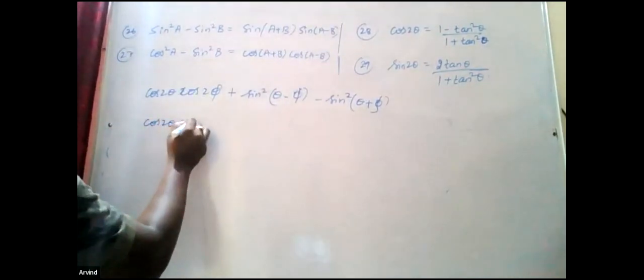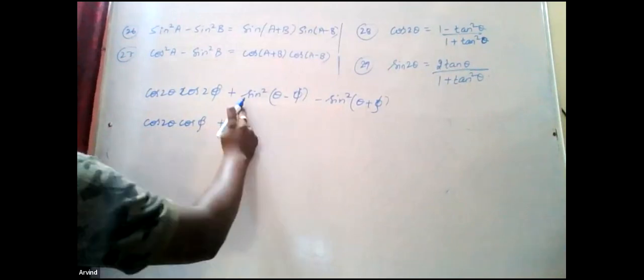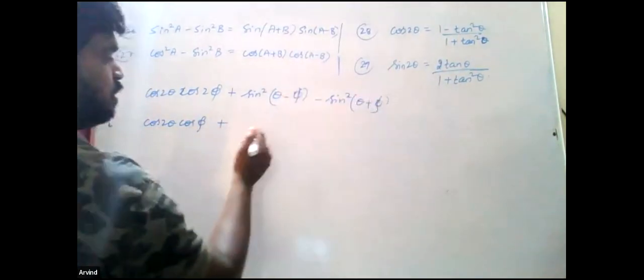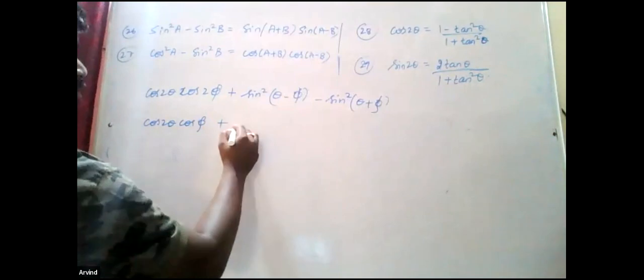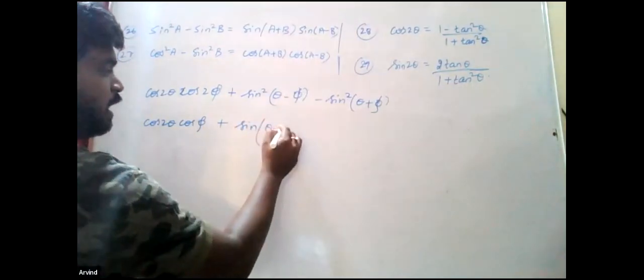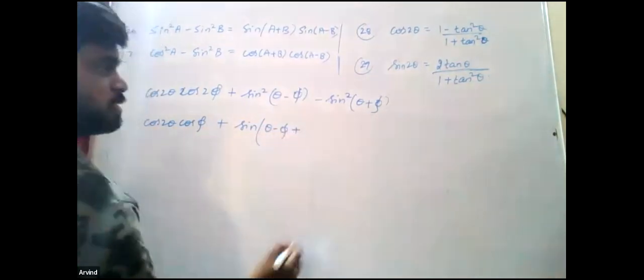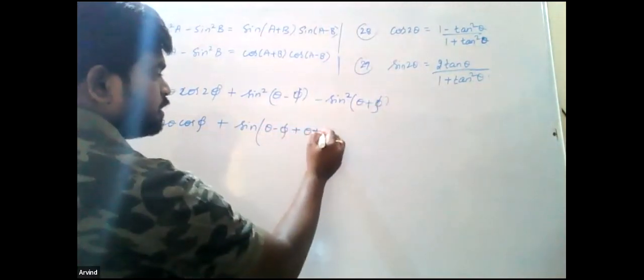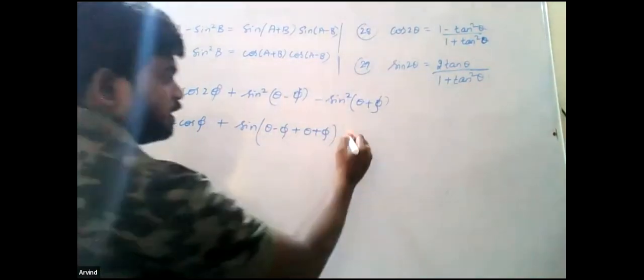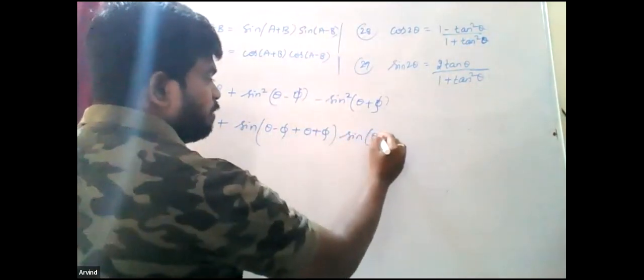Cos 2 theta cos 2 phi plus sin square, this is a and this is b. So what is the formula for sin square a minus sin square b? sin of a plus b, a plus b means theta minus phi plus theta plus phi. Sin of a plus b into sin of a minus b.